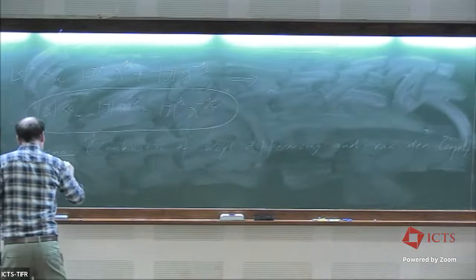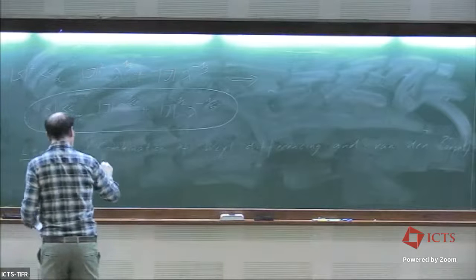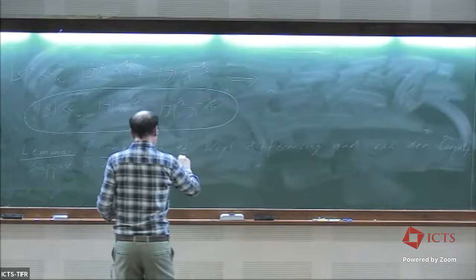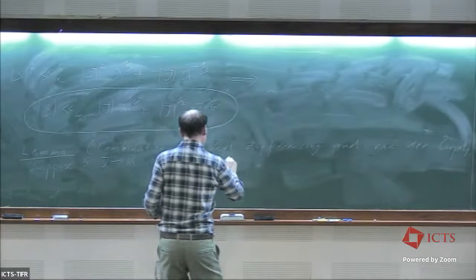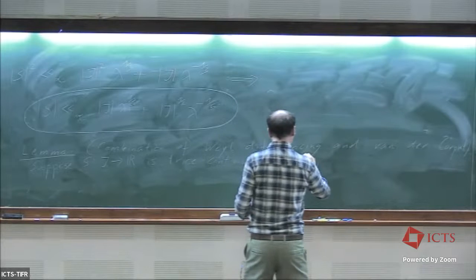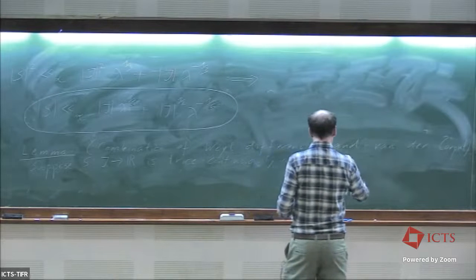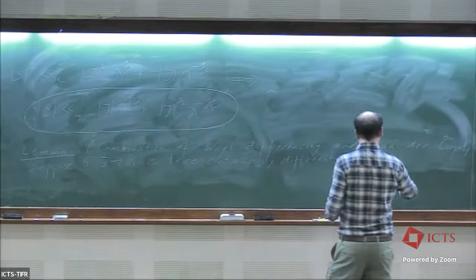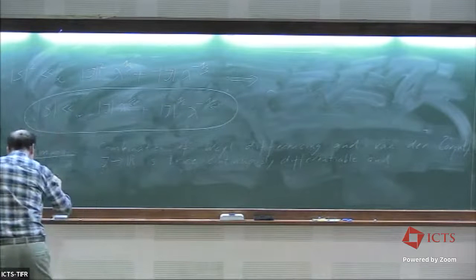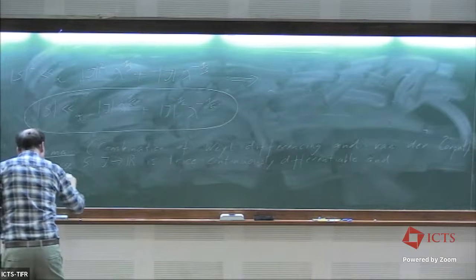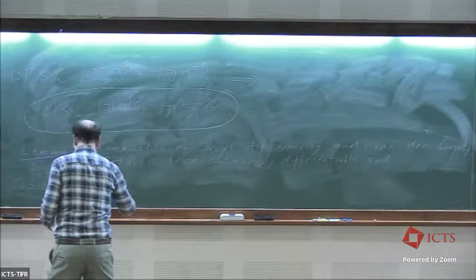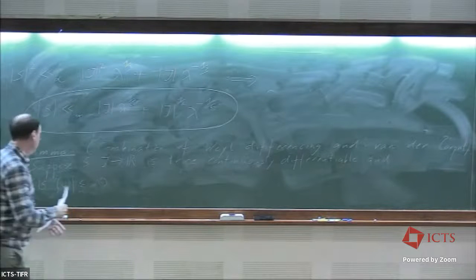Suppose f from I to R is thrice continuously differentiable, and f triple prime of x is in the range of lambda.